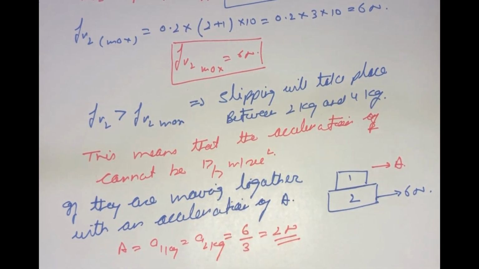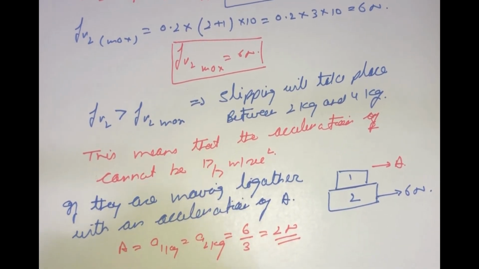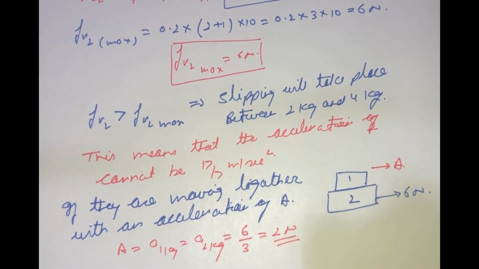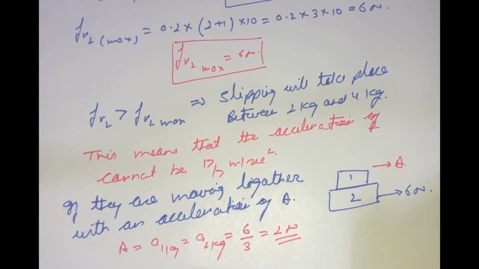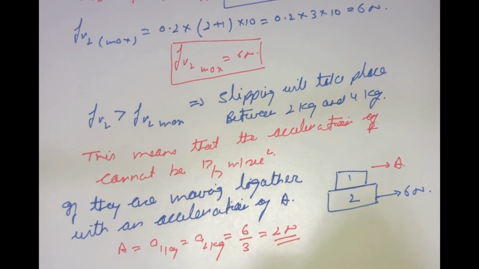And for the last block, that is for 4 kg. So we have a 4 kg block. Applied force is 24, and here we have our FR2, and in this direction we have our FR3.